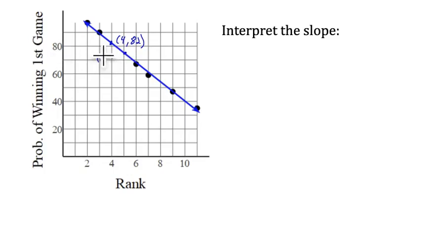So that would be the point (5, 75). So when we increase the rank by 1 from 4 to 5, the probability decreased by 7, because 82 minus 75 equals 7. So we can say that the probability of winning decreases by about 7% each time a team's rank number increases by 1 place.